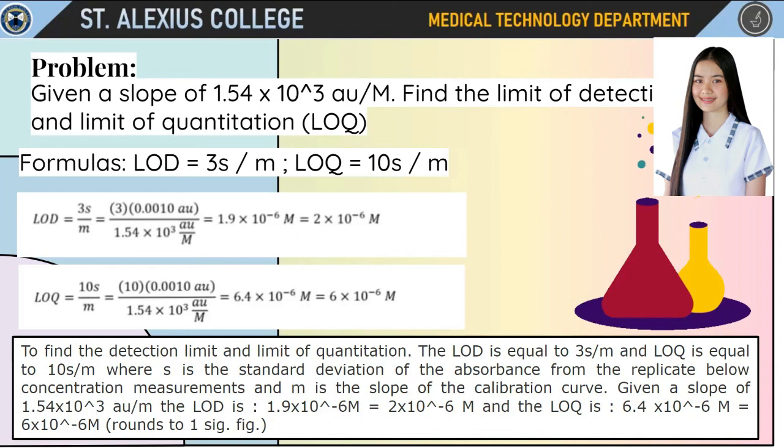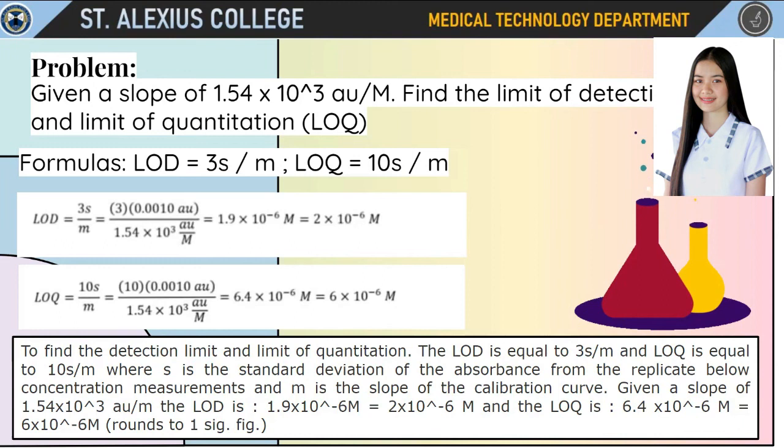Given a slope of 1.54 times 10 to the third absorbance unit per molarity, the LOD is 3S over M, or 3 times 0.0010 absorbance unit divided by the slope 1.54 times 10 to the third absorbance unit per molarity, which is equal to 1.9 times 10 to the negative 6 molarity.